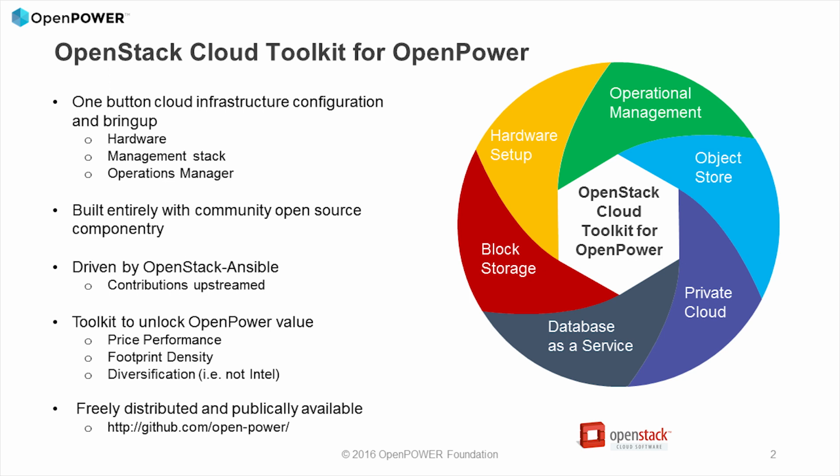You download this Ansible playbook, you fill out a few simple variables in the input file, and we will stand up a fully functional cloud with high availability. We will configure the hardware, the management stack, which is OpenStack, of course, and the operations manager. More about that coming up.